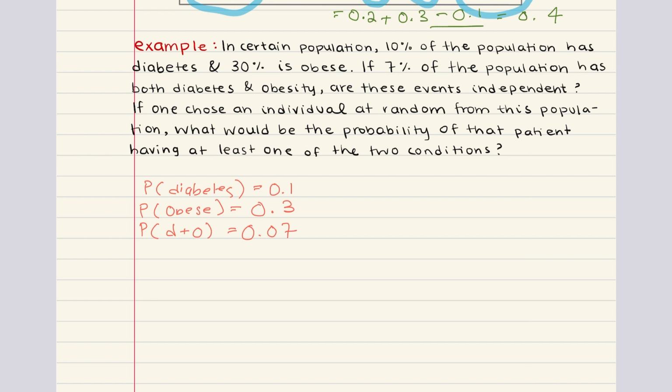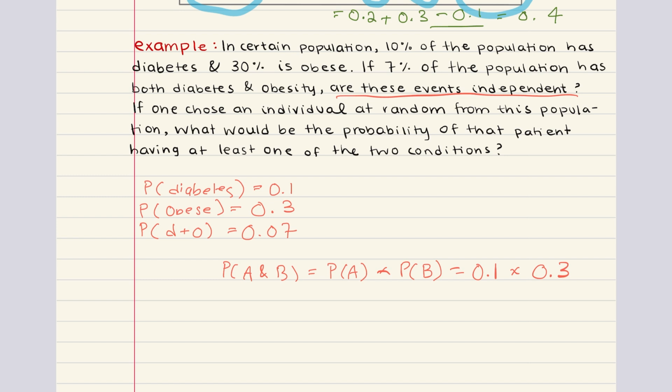Now, the first question we're asked is, are these events independent? Two events are independent if the probability of both events occurring together is equal to the product of their individual probabilities. So P(A and B) is equal to the probability of A multiplied by the probability of B. The probability of diabetes is 0.1, and the probability of obesity is 0.3.